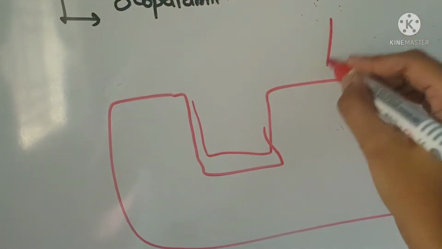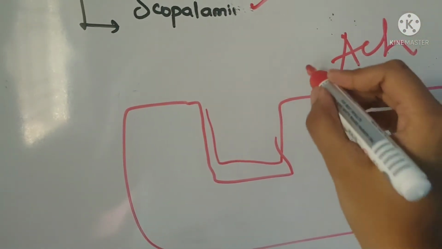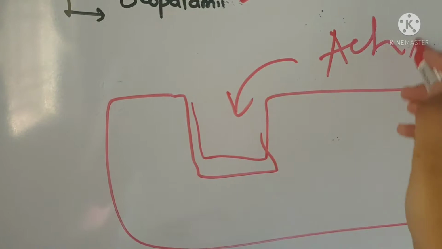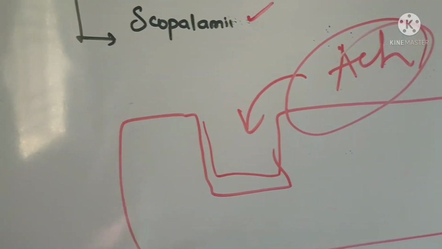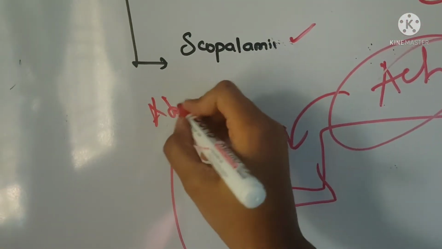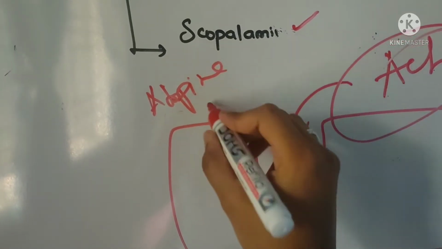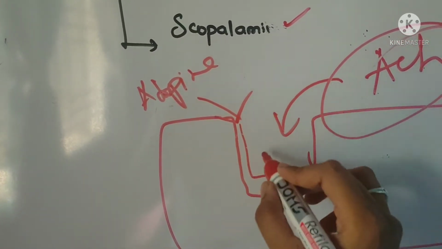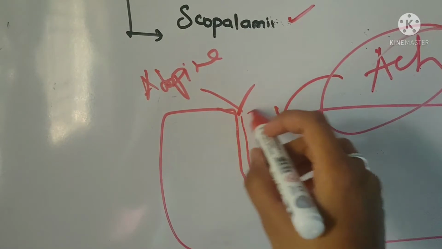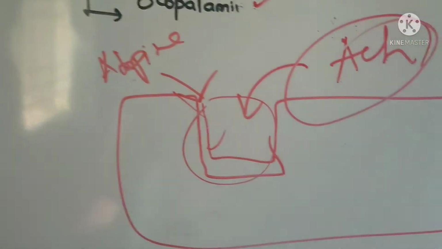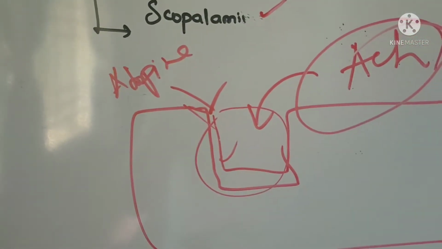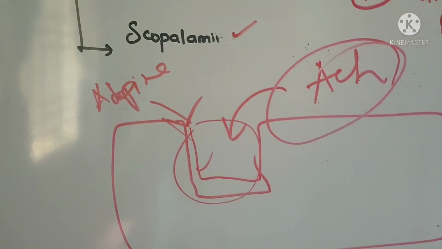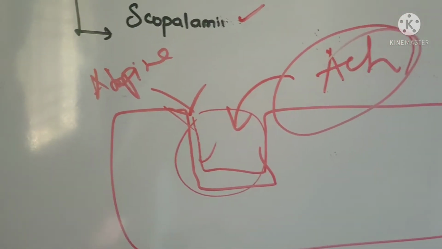Acetylcholine usually acts on the muscarinic receptor as an agonist, whereas atropine competes with acetylcholine for the muscarinic receptors and competitively inhibits them. This is how it blocks the receptor.